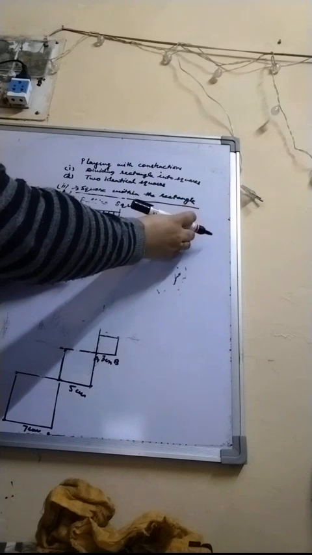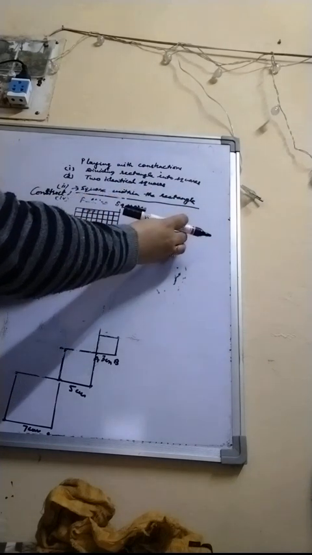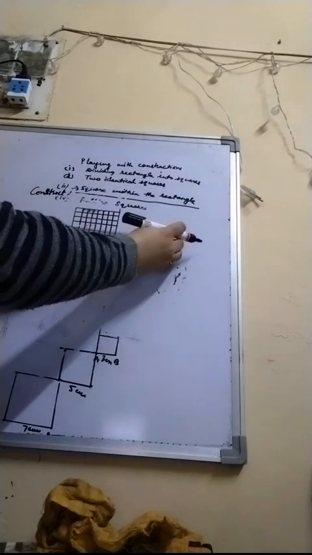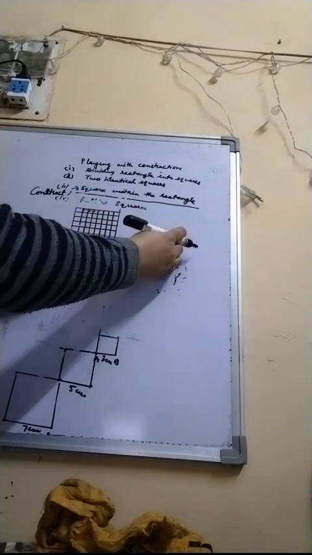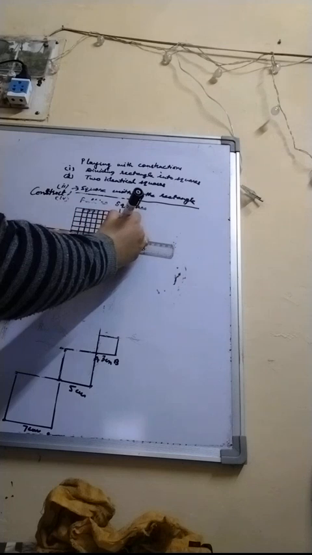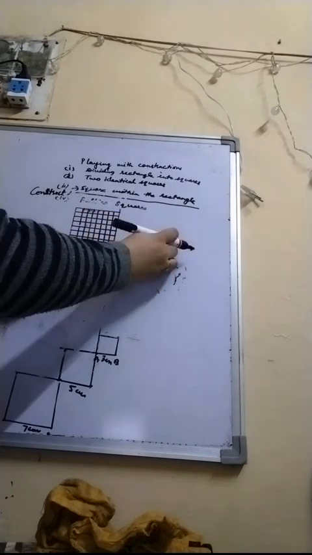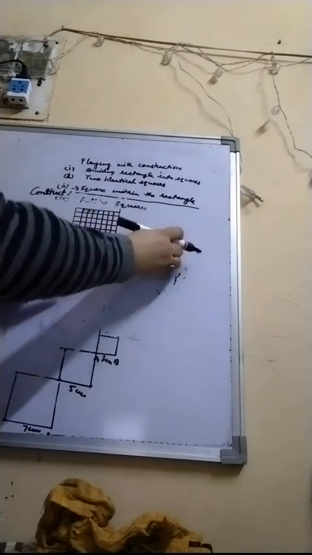First horizontal line, second horizontal line, third horizontal line, fourth, fifth, sixth and last is 7th line.